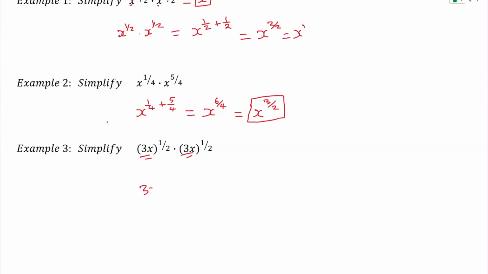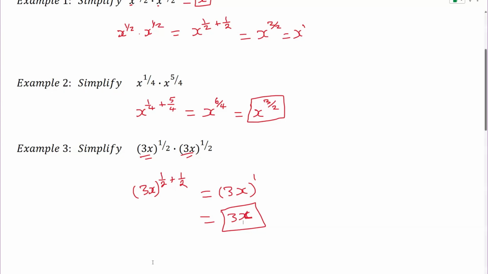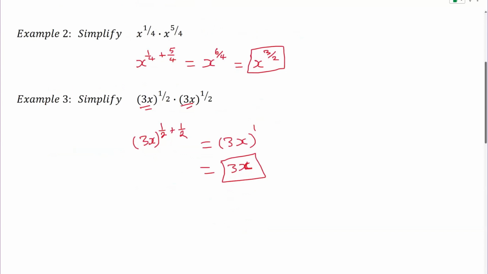So you have 3x to the power of 1/2 plus 1/2. And that's going to equal 3x to the 1, because 1/2 plus 1/2 is 1. And so the answer would just be 3x. All right. Let's see example 4.